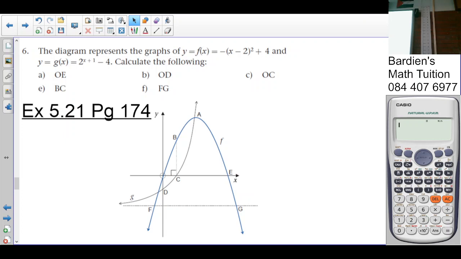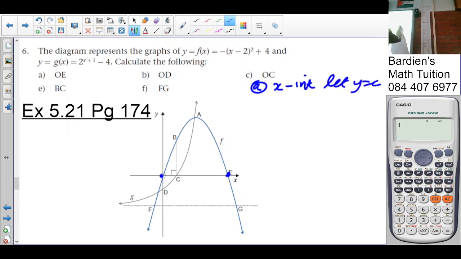The first question is determine or calculate the following. OE. People, what is E? E is your x-intercept. And O is also an x-intercept, but O is fine, we know that's your origin. So to calculate E, I'm going to work out our x-intercept. We let y equal to 0. Since that is the x-intercept of your parabola, I need to use f of x. So 0 is equal to negative open brackets x minus 2 squared plus 4.